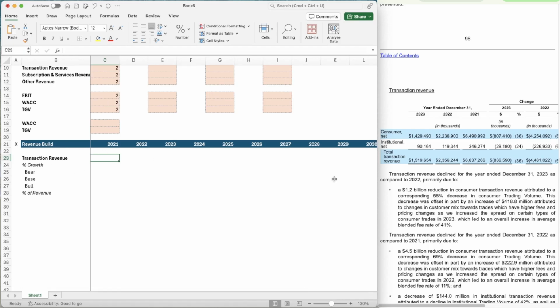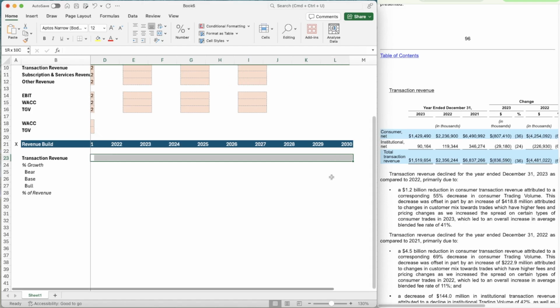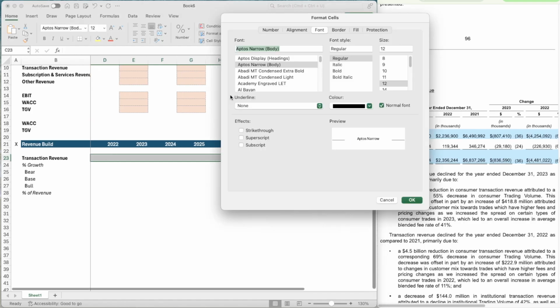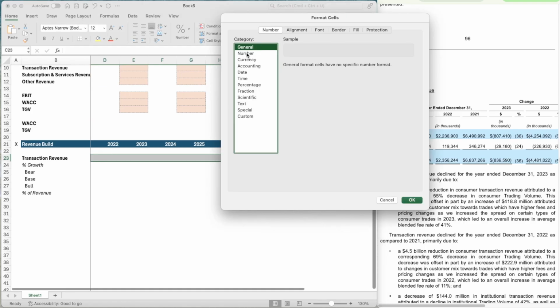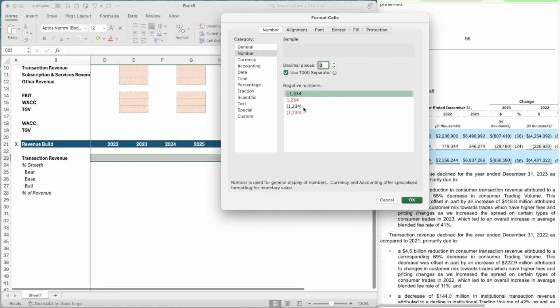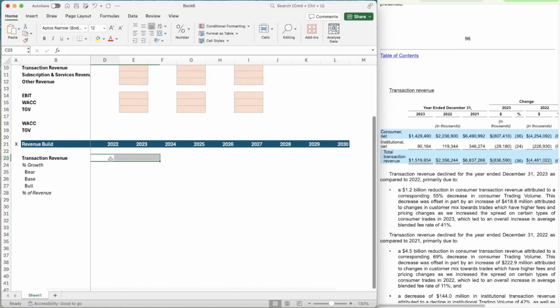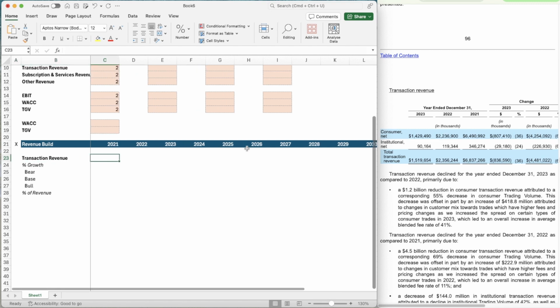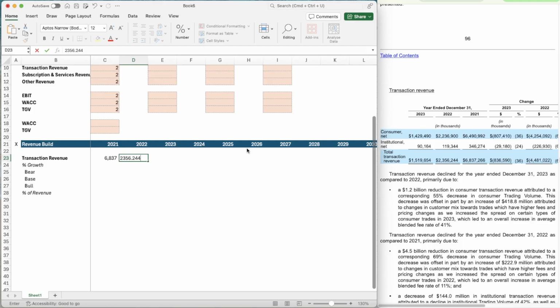So we format: number, no decimal places, 1,000 separator, and for the negative numbers. So 2021, the company Coinbase did 6837.266, then 2356.244, 1519.54.